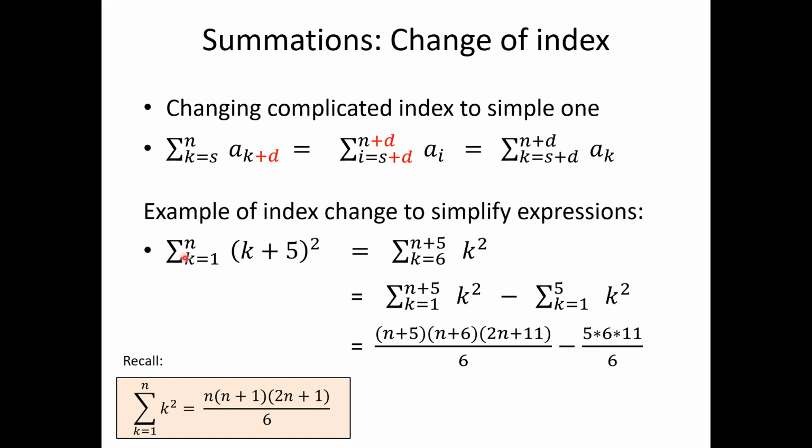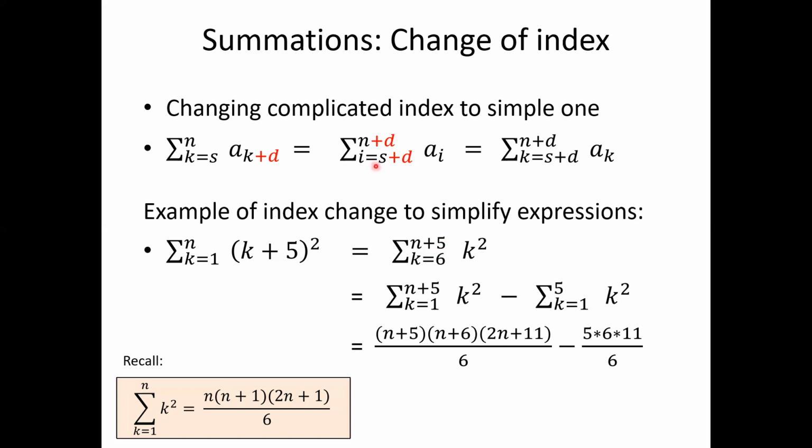Okay. So, for example, we had this expression a few times early on in the slides. If you wanted to evaluate, what is this summation? Well, then you can recognize, okay, this is really the same as adding elements of the k-squared function at a shifted index. So rather than start from index 1 and end at index n, let's start at index shifted by 5, so it's 6, and end shifted by 5, so it's n plus 5.